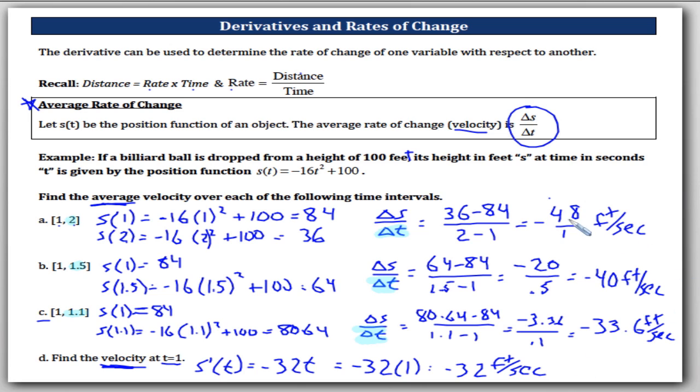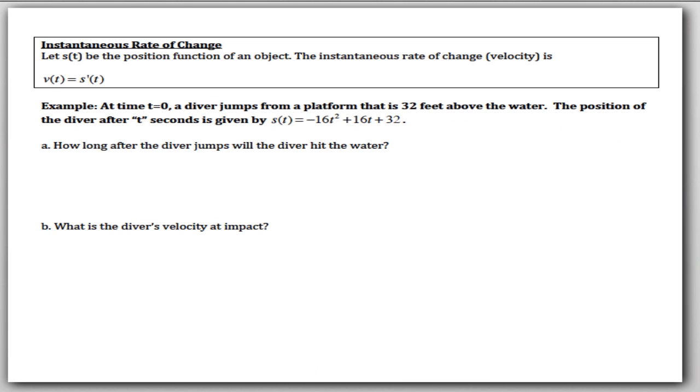And you can see here our limit as delta t went to 0 is getting closer, and it would have been negative 32 feet per second. So let's just say that s of t is a position function of an object. The instantaneous rate of change, or the velocity, is the derivative of the position function. So our function v of t is s prime of t.